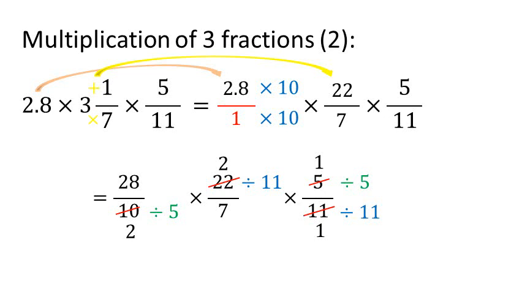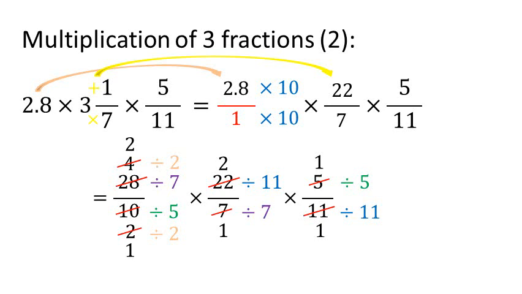So we divide 28 by 7 to get 4, and 7 divided by 7 to get 1. We still have a numerator 4 and the denominator 2 having a common factor of 2. So we divide 4 by 2 to get 2, and 2 divided by 2 to get 1.